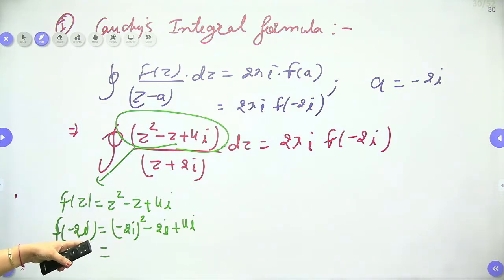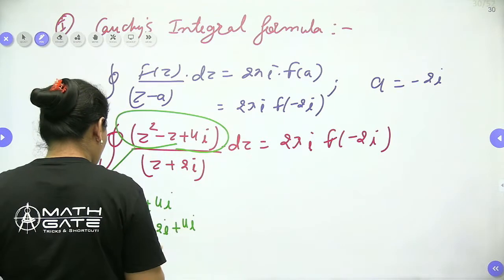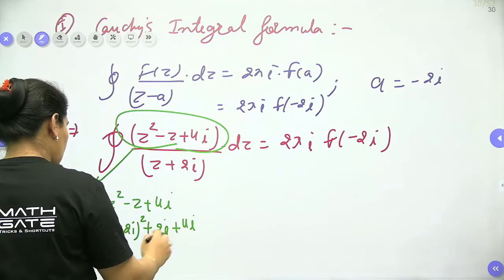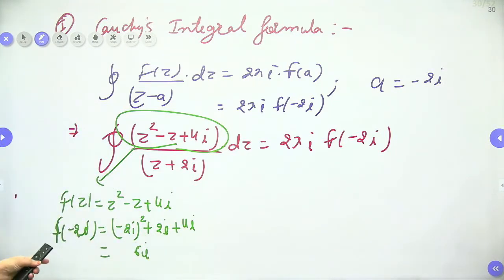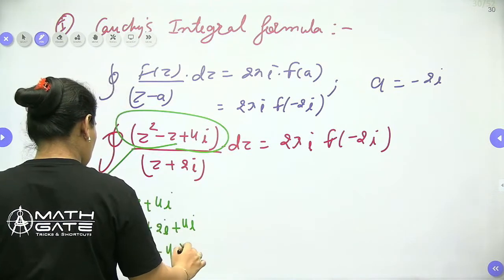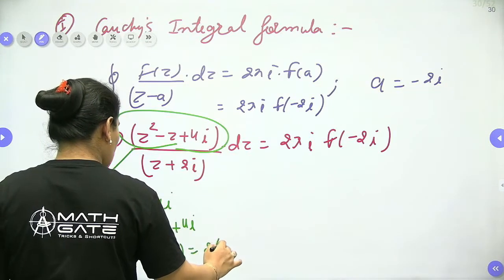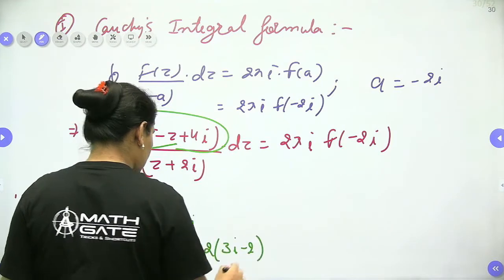We have to put minus, so now it will be plus. So here we get 6 iota, and iota square is minus 1, so it will be minus 4. If we want, we can take 2 common. It will be 2 times (3 iota minus 2).